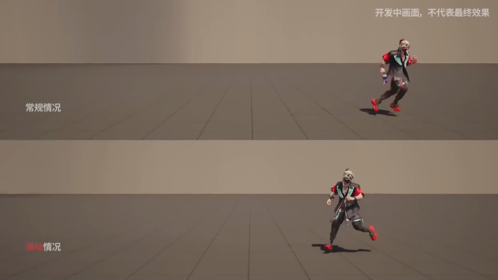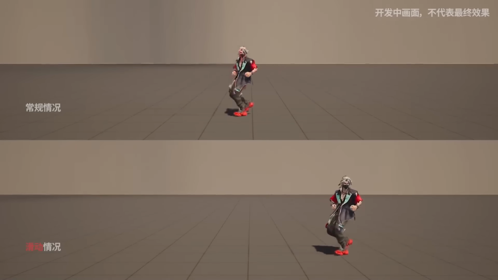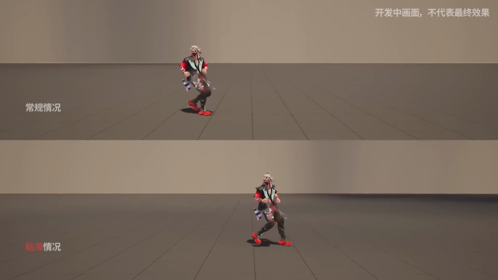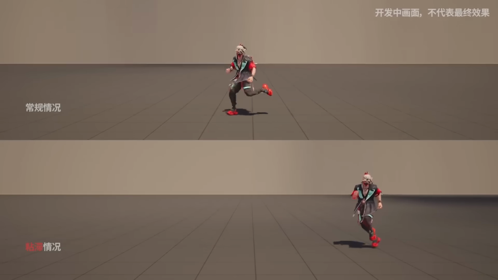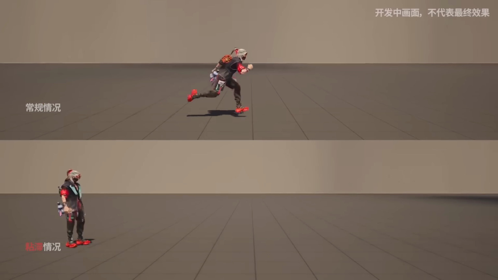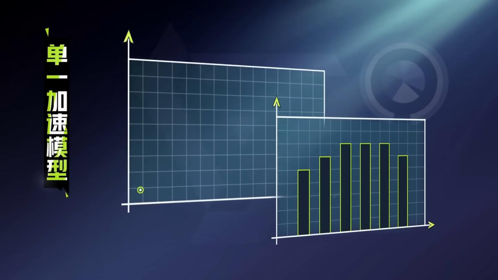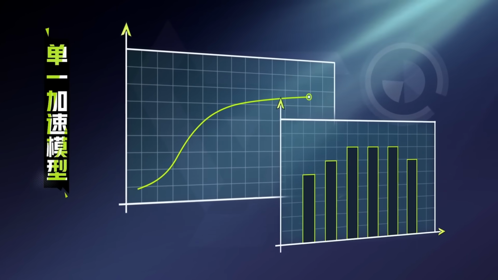But first, let's go back to a more fundamental question: the transition from standing still to moving. It's a basic yet often overlooked process, and one that revealed key flaws in our original system. The default movement component in Unreal Engine uses a single acceleration model, which results in a purely linear motion curve. Take the most basic example, starting from a standstill.